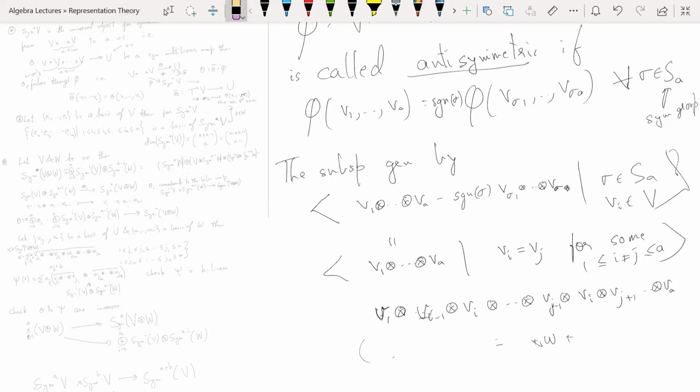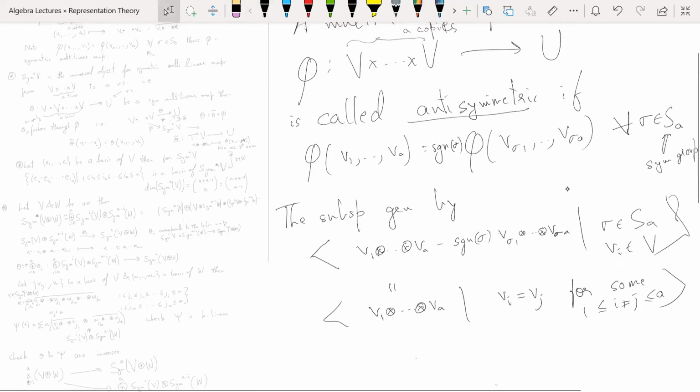We want to say that this minus sign of this is equal to 0 if and only if the thing in the bottom is, exactly, if and only if the two terms are equal.